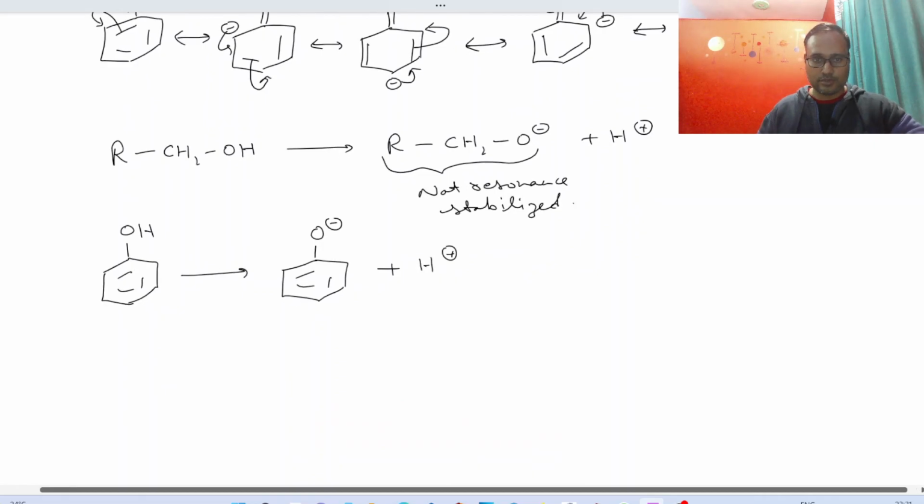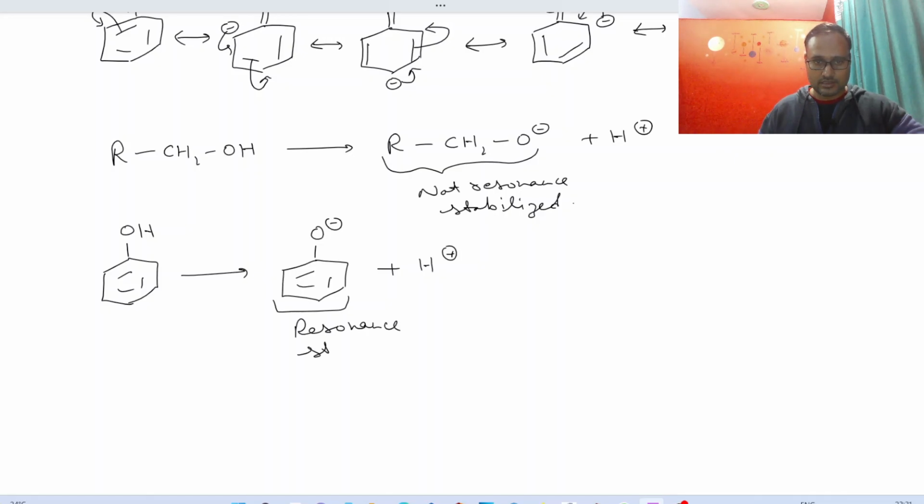The structure formed over here is resonance stabilized. So the phenoxide ion is resonance stabilized, whereas the alkoxide ion is not. So we can say that phenol is more acidic as compared to normal alcohols.